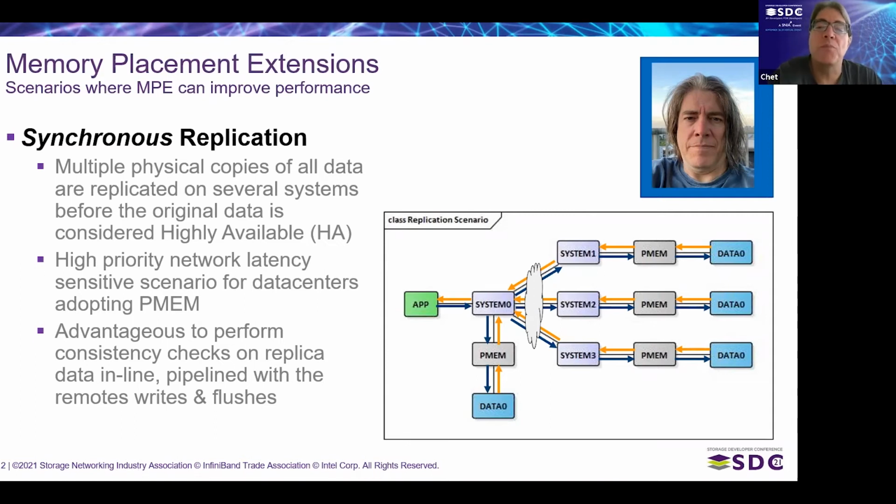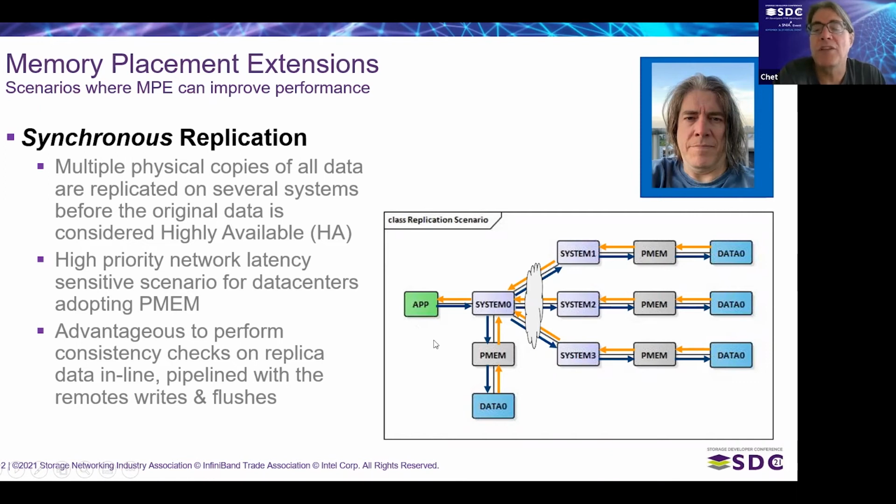So being able to do pipelined operations and do a write followed by a flush, followed by another write, followed by another flush, write, flush, those kinds of sequences, where you need to flush everything and make sure everything's been flushed to all the systems before you can proceed with the next write.